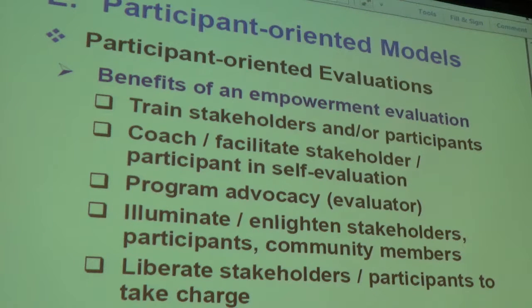So essentially look at the strengths and the weaknesses of the program from the perspective of the least powerful individual. You look at any threats or any opportunities that the program has with respect to the least powerful individual who participates in the program. And then ultimately, based on the assessment, you give the opportunity for the program staff and also participants to become fully engaged in the program and service.